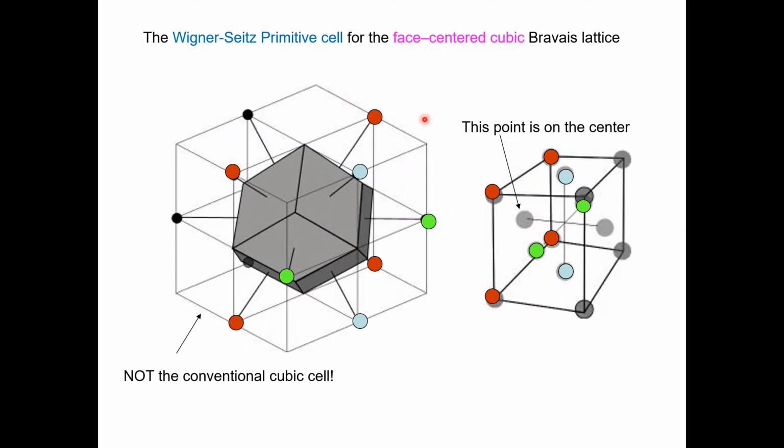Wigner-Seitz primitive cell for FCC is a little bit tricky. So now we have to maybe sit somewhere else. Okay, so we sit on the side, right? Or on the face here. FCC again, 4 at the top corners, another 4 at the bottom, right?